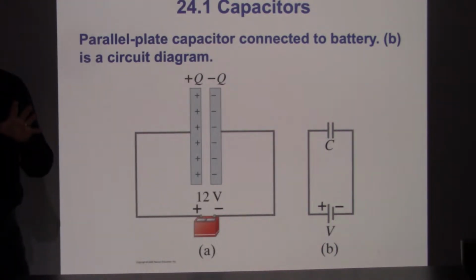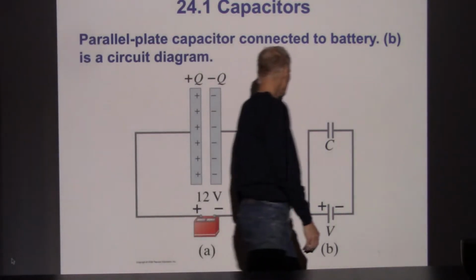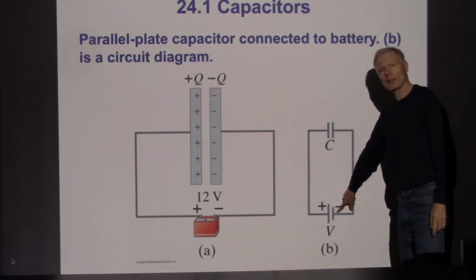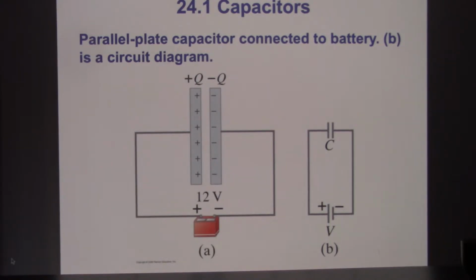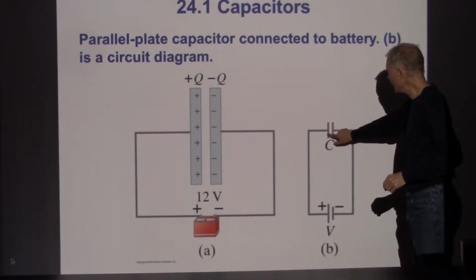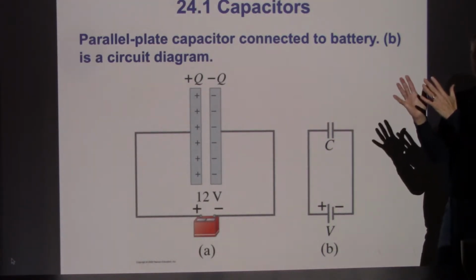Now, symbolically, a circuit like this looks like this: the symbol for a battery is two parallel lines. The symbol for a capacitor is two parallel lines. Whose idea was this? Okay, so for the capacitor, the two parallel lines represent the two plates, and they're drawn to be the same length.